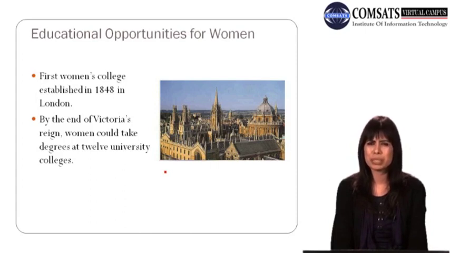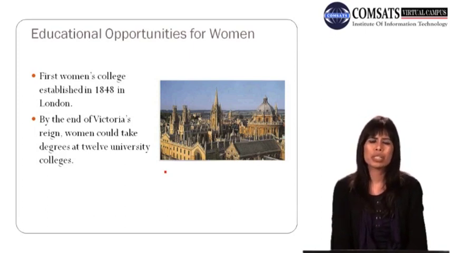You have to keep in mind that women became more powerful during that era. They got the opportunities to get education in different universities and colleges, and the first women's college was established in 1848 in London, where women could get education easily.